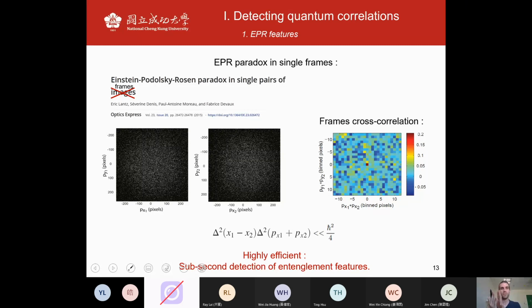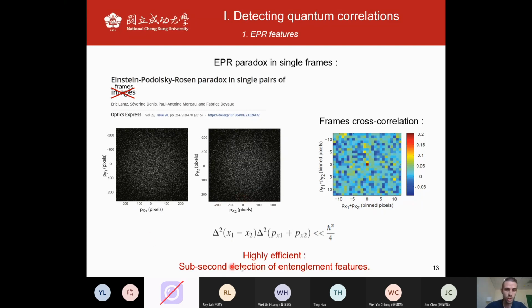Therefore, by using cameras, we had a way to perform this demonstration very efficiently, so that we could now perform it in single frames. Just acquiring two frames, in both position and momentum, cross-correlating those two frames, and getting a correlation peak that you can see here, and evaluating the presence of entanglement on only those single frames.